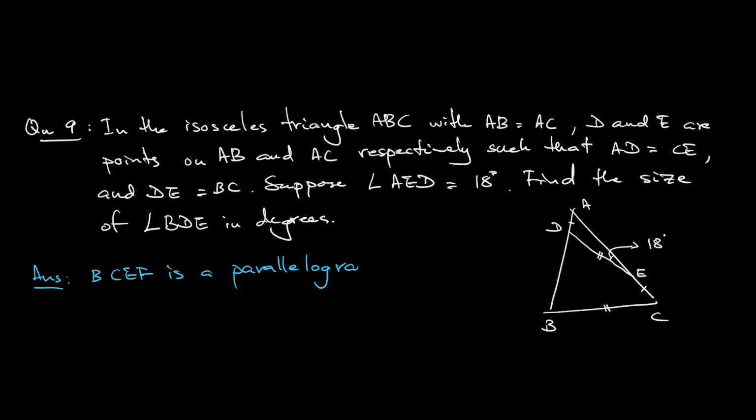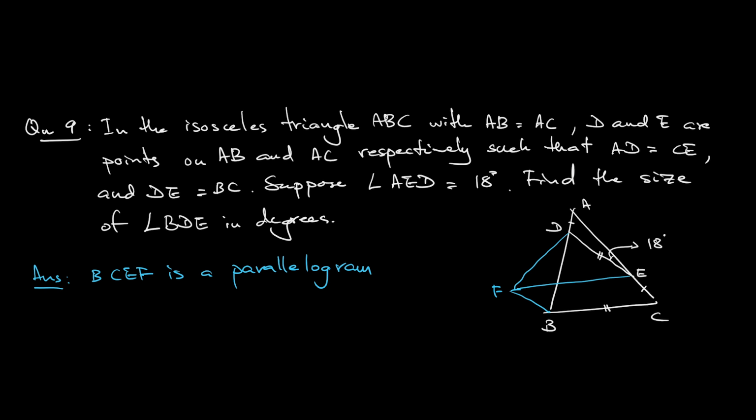So let's draw B, C, E, F. Right, so something like this. So this will be point F. Then I just connect F to D. So this is what I get. Because the angle at C is acute, F for sure needs to be outside of the triangle.